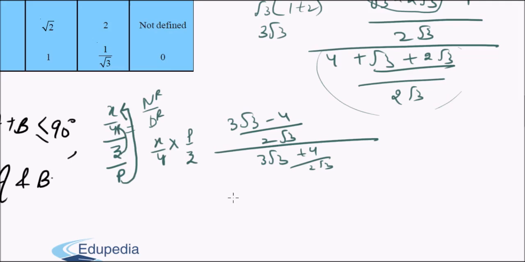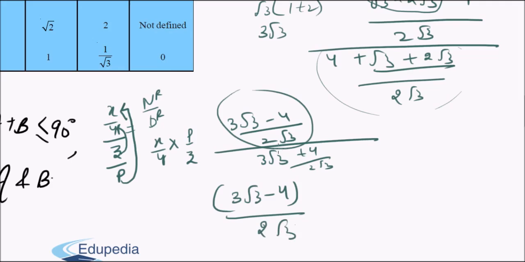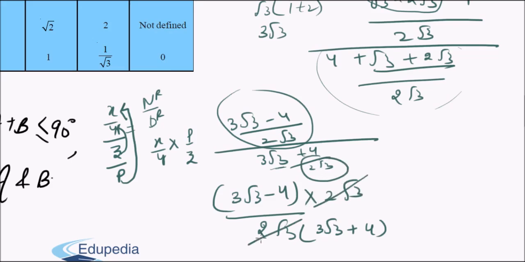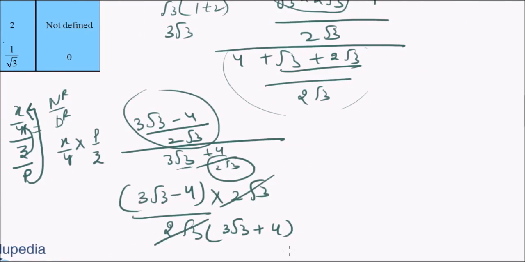So here what we are left with, firstly this part as it is, 2 over root 3, and the second lowest part will be multiplied by this denominator, and this particular part will go and multiply with the numerator. So this part can be cancelled by 2 by root 3, 2 into root 3, and we are left with 3 root 3 minus 4 over 3 root 3 plus 4.